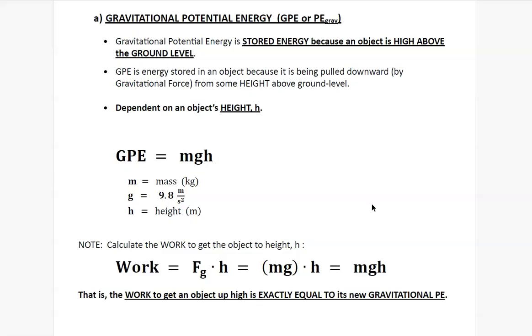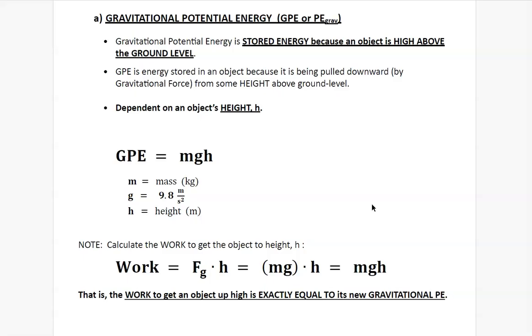It's stored in the object because it's being pulled down by gravitational force, and it has some height above the ground, and because of that, the calculation for gravitational potential energy is very dependent on the height. It's also dependent on the mass and the gravity of whatever planet you're on. We're on Earth, so we're going to use g for the acceleration due to gravity.